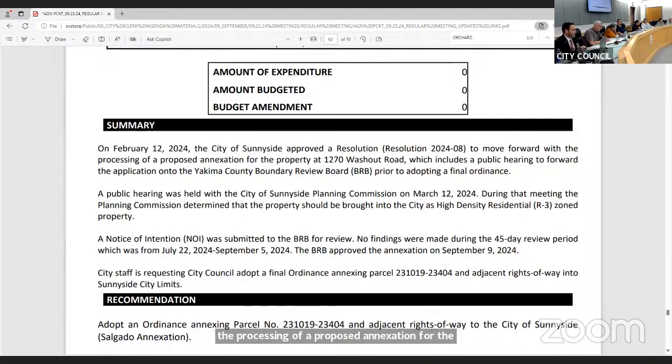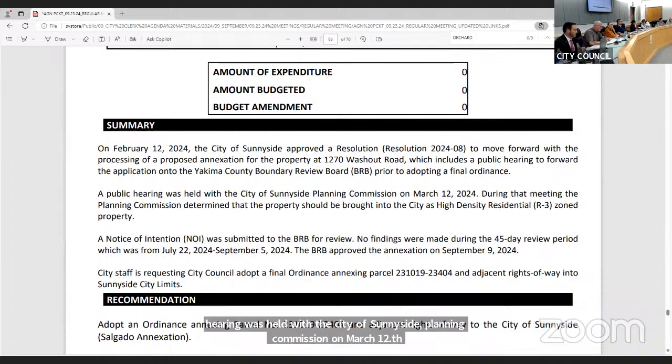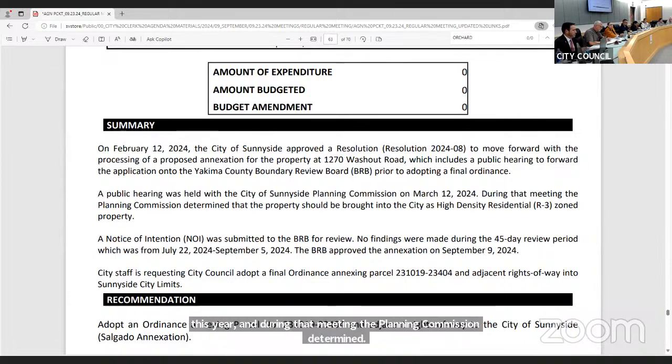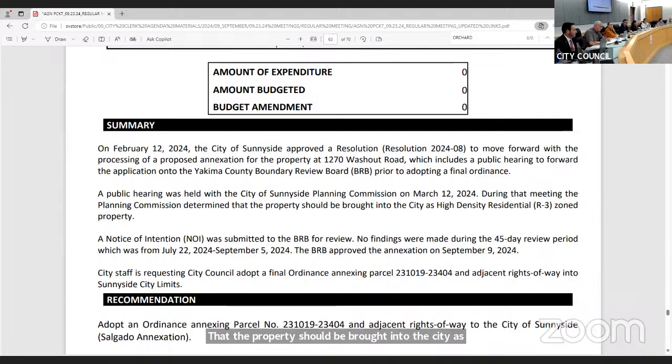And that included a public hearing to forward the application on to the Yakima County Boundary Review Board prior to adopting the final ordinance. A public hearing was held with the City of Sunnyside Planning Commission on March 12th of this year. And during that meeting, the Planning Commission determined that the property should be brought into the city as high density, commonly referred to as R3 zone property.